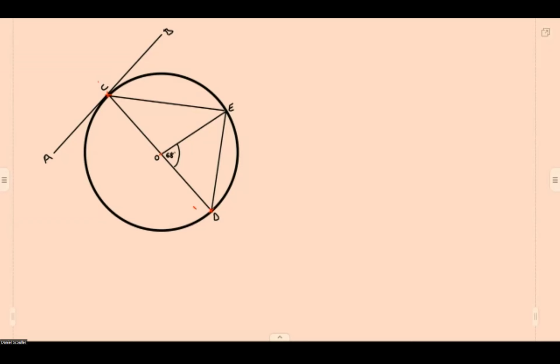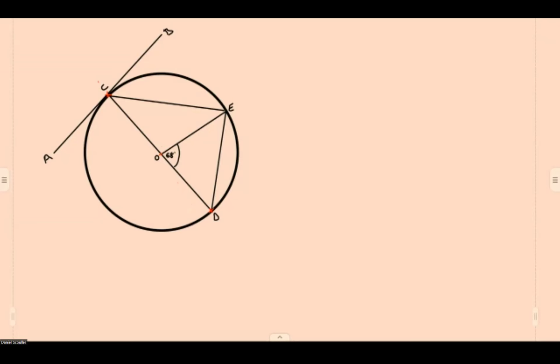So D to O, O to E. That middle letter will give you your angle. So even if it wasn't drawn on, angle EOD, 68°, the middle letter will be where the angle is. So just look out for that.